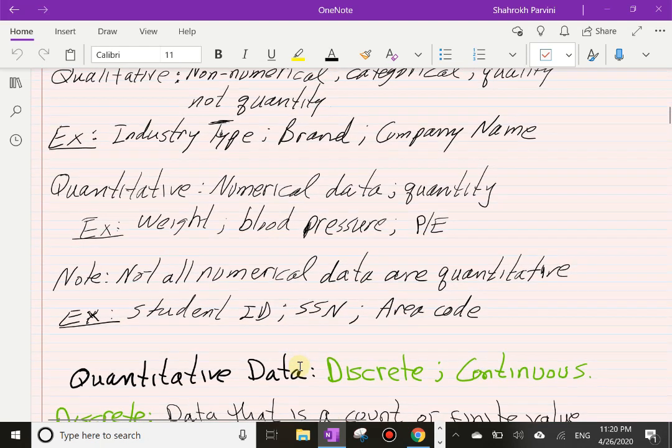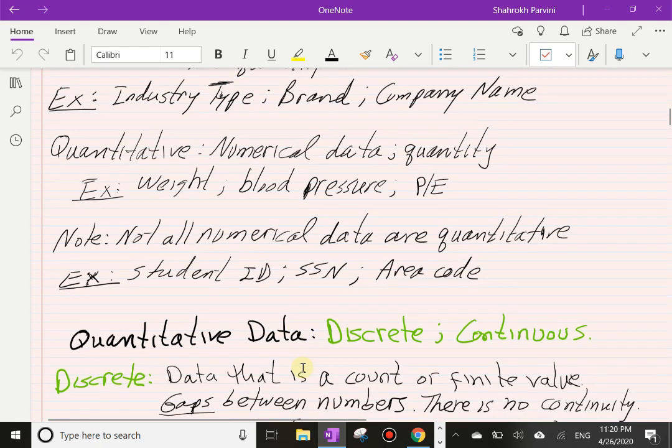Now, if we have valid, genuine quantitative variables, then there are 2 types: discrete and continuous. Discrete variables are usually a count or a finite value, and there are gaps between the numbers, just like gaps on the number line: 1, 2, 3, 4, and so on.